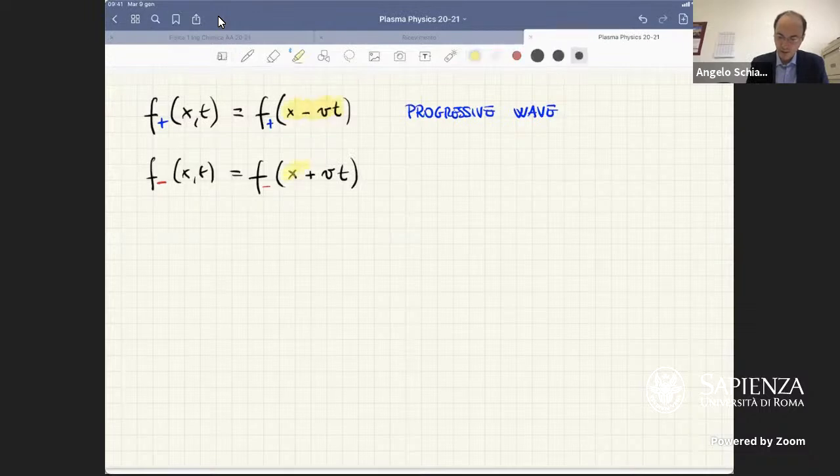So for any solution f which is a 1D function whose argument is written as x minus vt or x plus vt, we have in one case the progressive wave, in the other one the regressive wave.